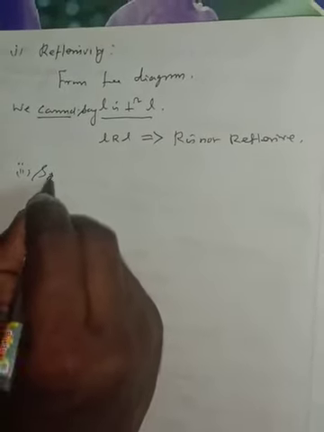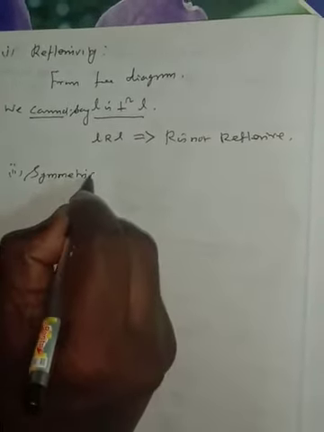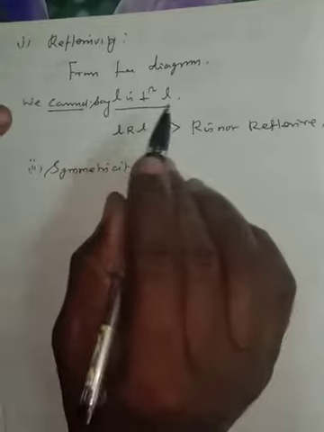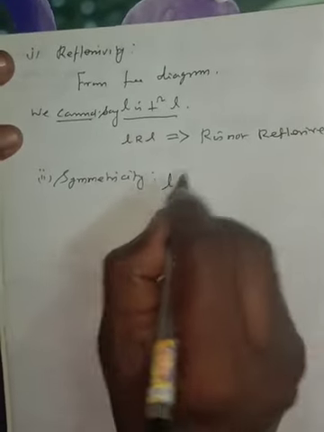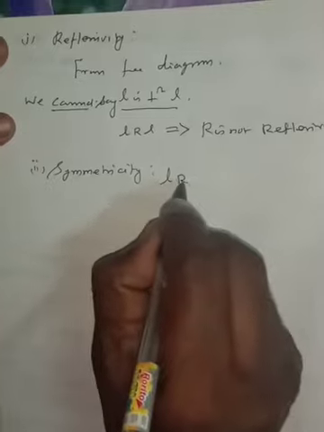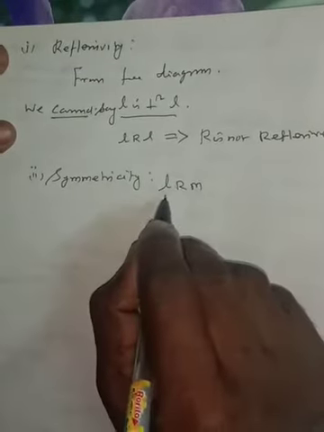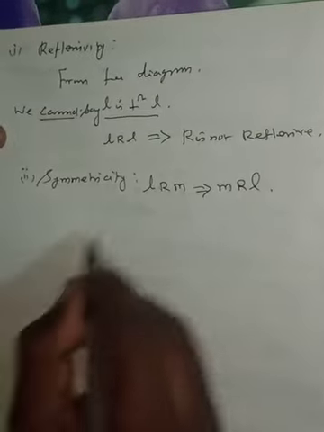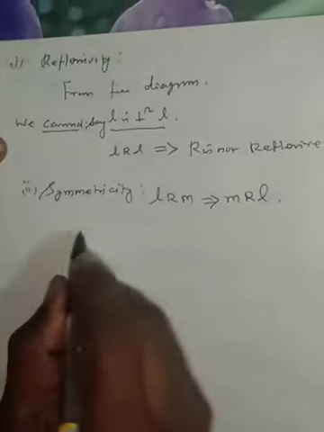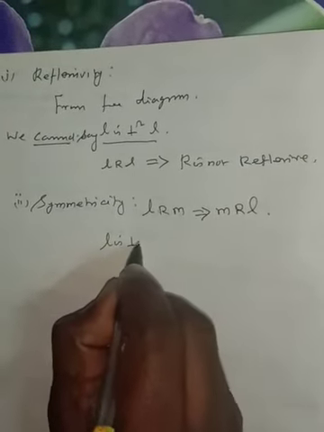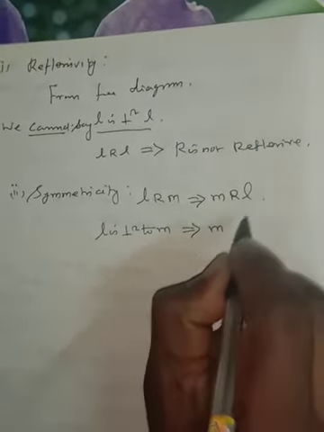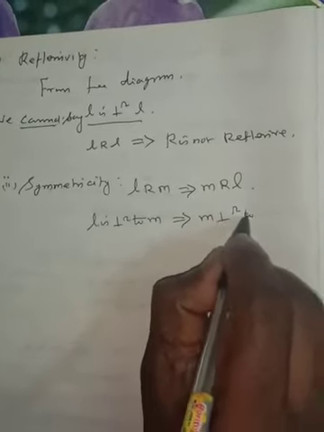symmetricity. L is perpendicular to M. L relation M implies M relation L. L relation M means the line L is perpendicular to M, which implies the line M is perpendicular to L. From the diagram, this is okay.